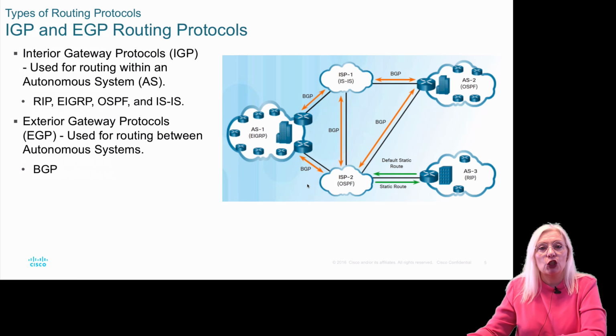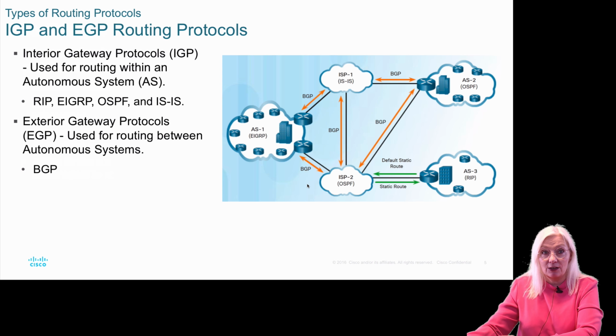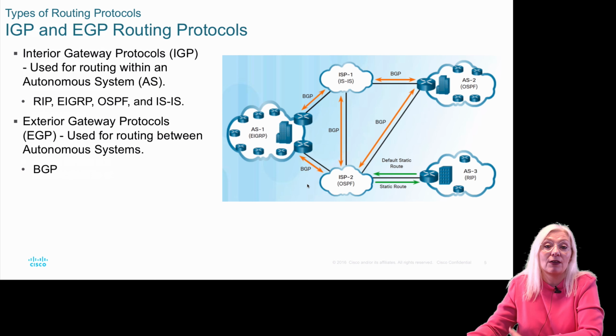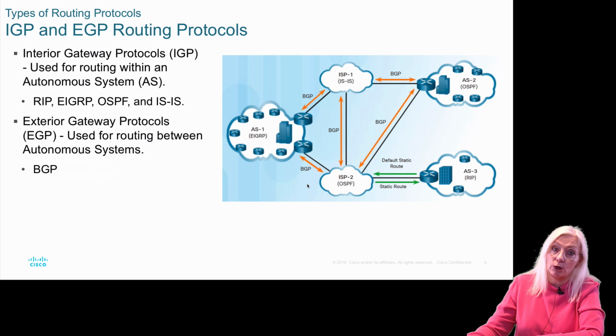We divide them into two types. One of them is the interior gateway protocols, which we use within the same autonomous system, which means that it is under the same administration, for instance, an organization. And we have the exterior gateway protocols that we use to route between autonomous systems.